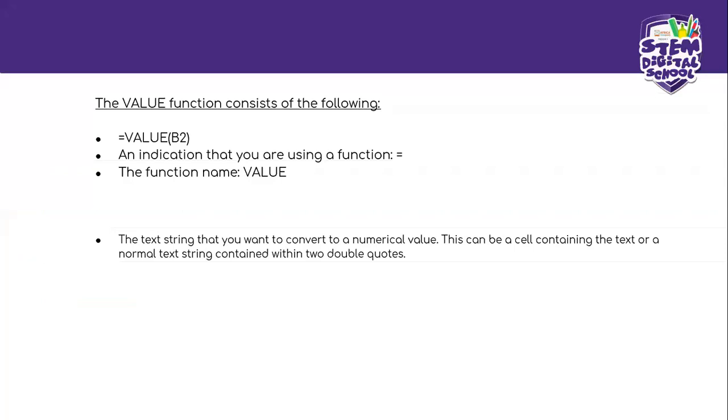Now we have the value function. The value function consists of an indication that you are using the function name, which is value, and the text string that you want to convert to a numerical value. This can be a cell containing the text or the normal text string contained within two double quotes.